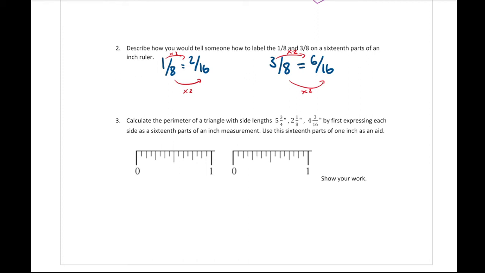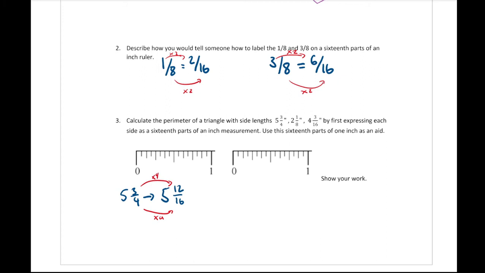So I can use the ruler as an aid, but 5 3/4 basically works out to 5 and something over 16. What do I multiply 4 by to get to 16? Because I know I'm going to 16 parts, or 16th parts. I multiply it by 4. So to get an equivalent fraction, I have to multiply the top number by the same thing as well, which would be 4. 3 times 4 is 12.